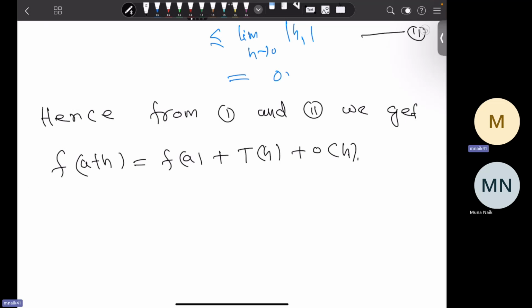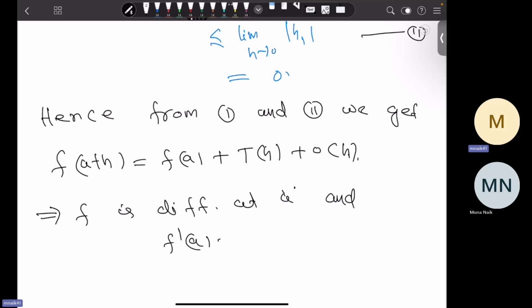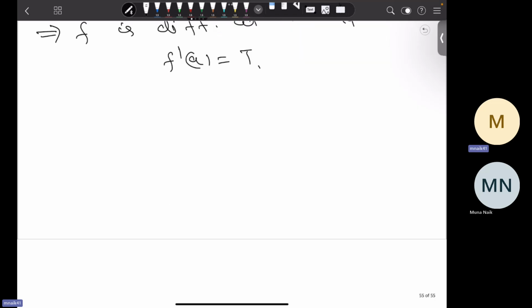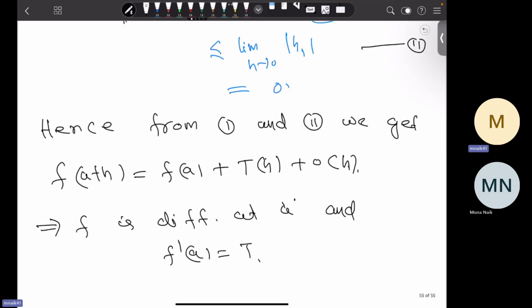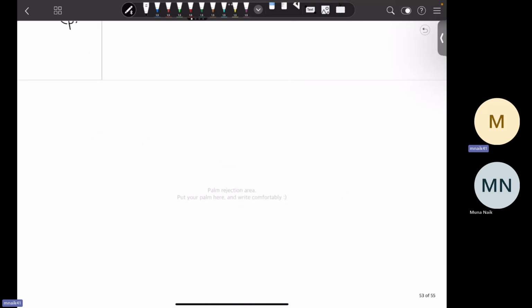This implies f is differentiable at a and f prime of a is equal to T. This is clear. Okay, so now I want to give another example.